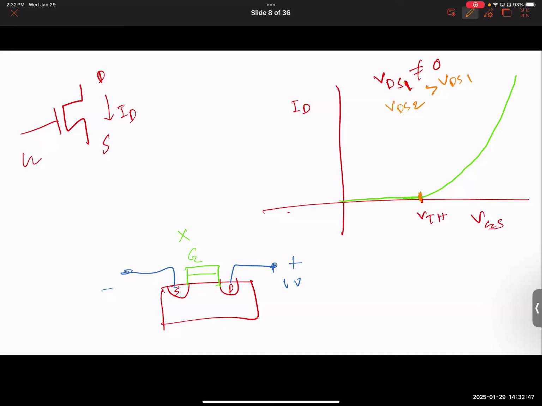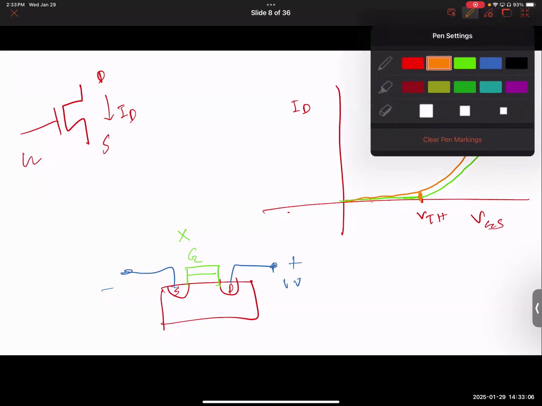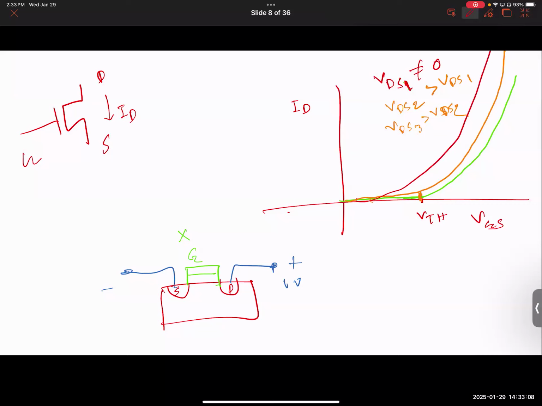The bridge is there. But more VDS means instead of having one coffee shop, now you have a coffee shop and a golf course that you can get for free. Oh, wow, more motivation for me. So then you can get more current, obviously. So the more VDS you apply, the more encouragement you have to get to the other side, and you have essentially more current, as simple as that.